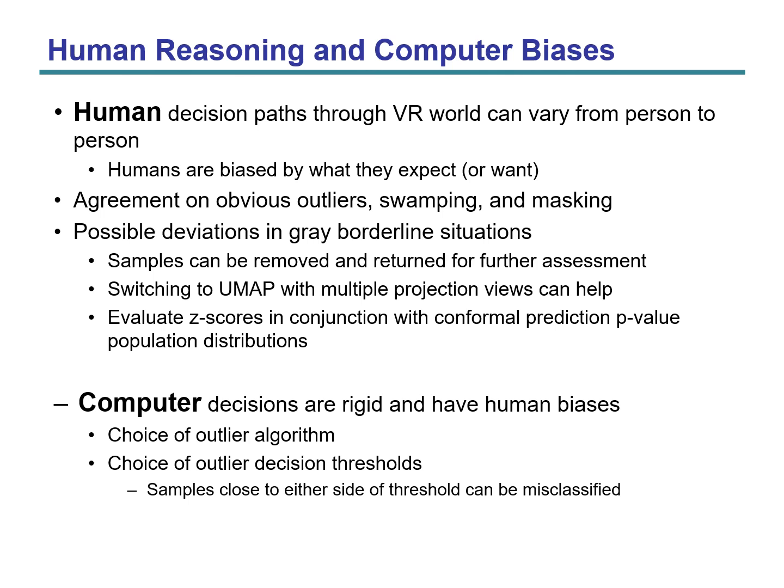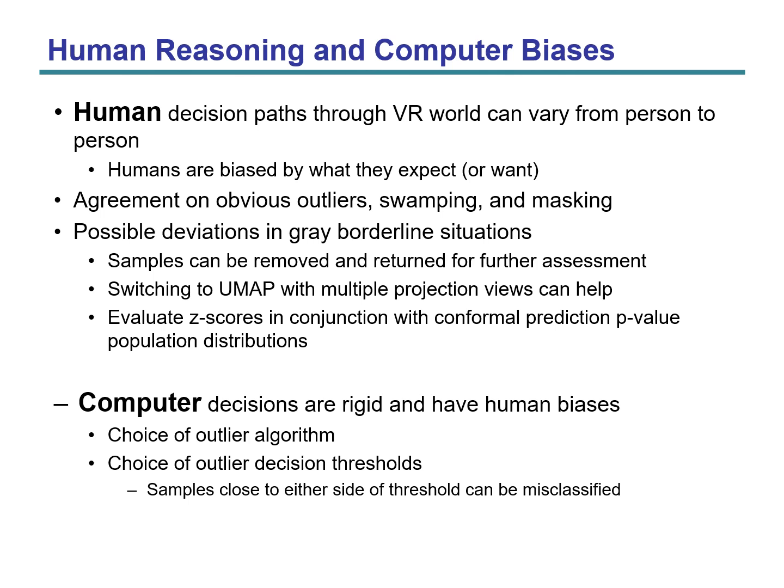We can switch to the UMAP with multiple projection views, and actually in the paper that is what goes on in one of the borderline situations. We couldn't decide if sample A or sample B should be removed, so we went to the UMAP, and that's all shown in the paper to make those decisions. And then we can always look at the z-scores in conjunction with p-values relative to the population distributions, where those values lie with respect to the distribution.